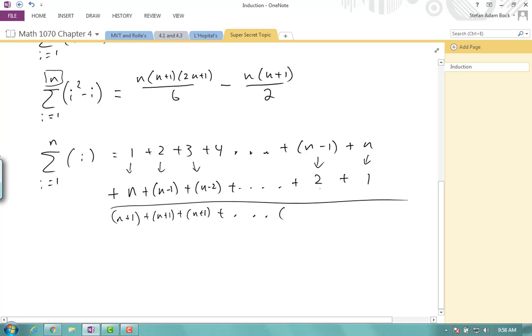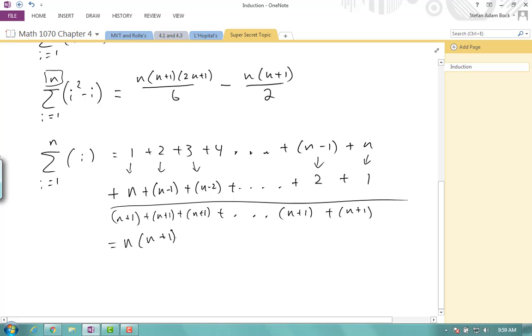I have n minus 1 plus 2, and I have n plus 1 here. So how many n plus 1s have I ended up with by adding this series to itself? Well, for each number here, I went 1, 2, 3, 4, all the way up to n. So I have n times n minus 1.